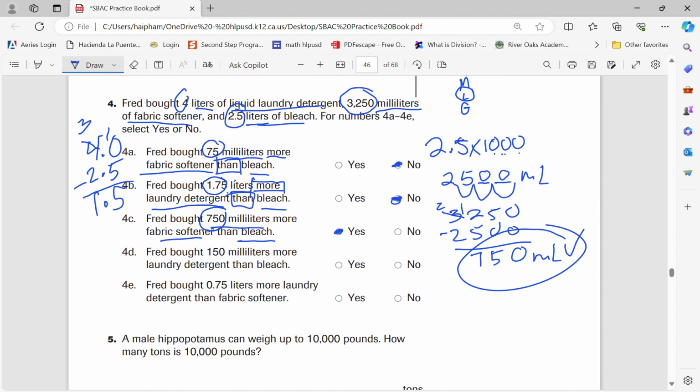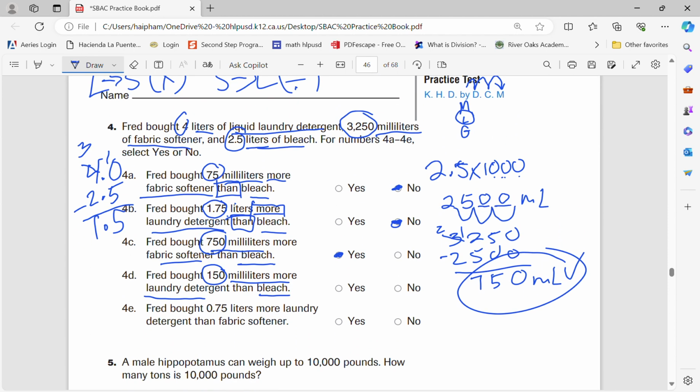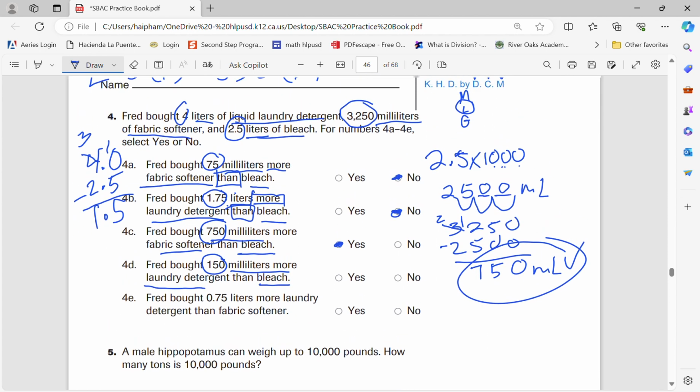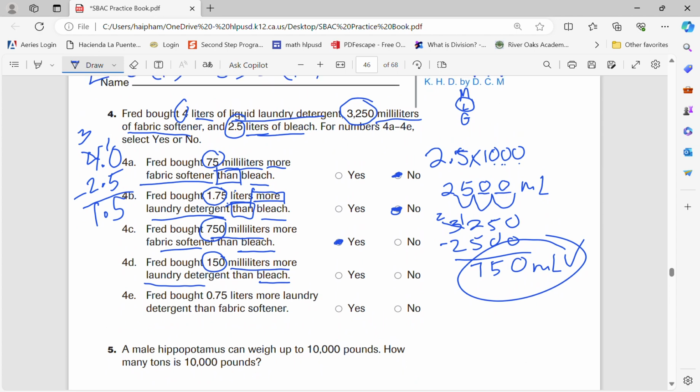Moving on to 4D. Fred bought 150 milliliters more laundry detergent than bleach. So we're going to milliliters now. And let's take a look here. We have 4 liters of laundry detergent. So we are going to convert our laundry detergent into milliliters.